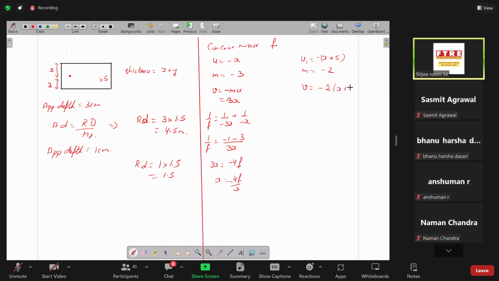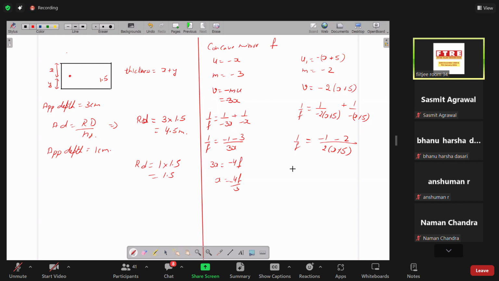Similarly, we'll get here 1 by f equals 1 upon -2 into x plus 5, plus 1 upon -(x plus 5). Okay, so we get here 1 by f is equal to -3 upon 2 into x plus 5.